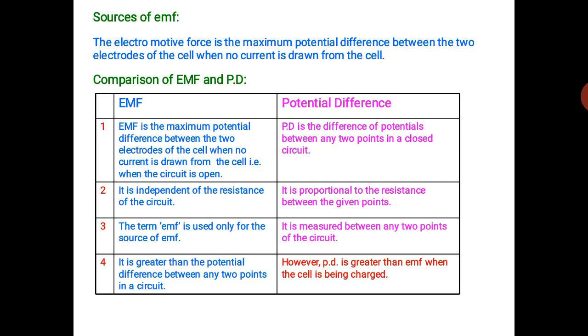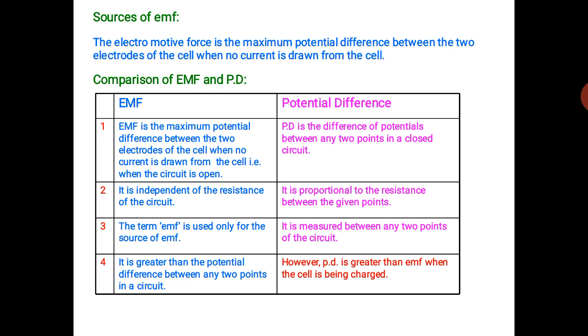And potential difference or terminal potential is the potential difference between any 2 points in a closed circuit. And if you are measuring the potential difference between two electrodes when the cell is in use, then we can say it is terminal potential.